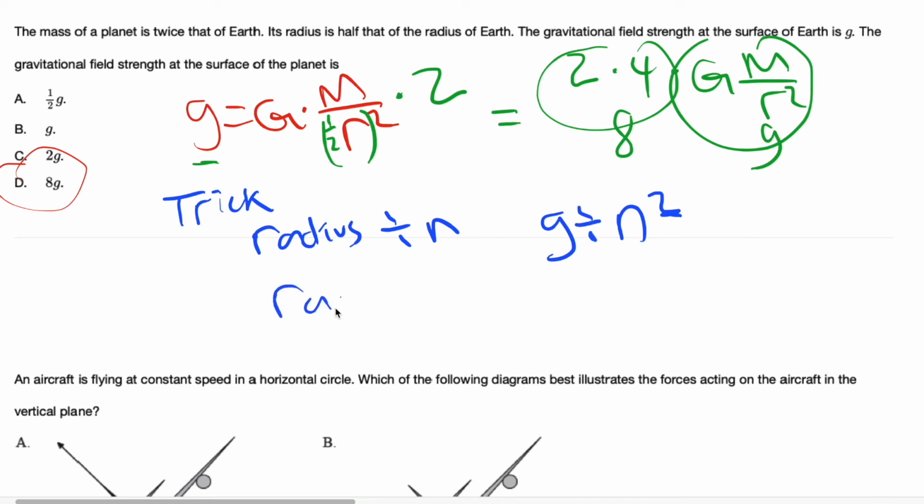And when your radius is divided by n, your g is going to be multiplied by n squared, right? So here it is divided by a half. So the whole thing is going to be divided by 1 over 4, which is equal to multiplied by 4, right?